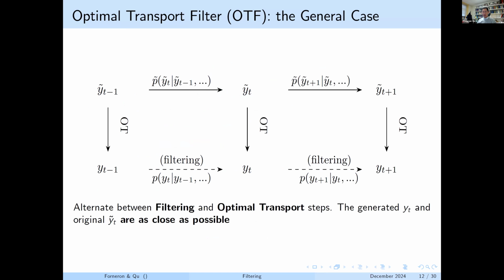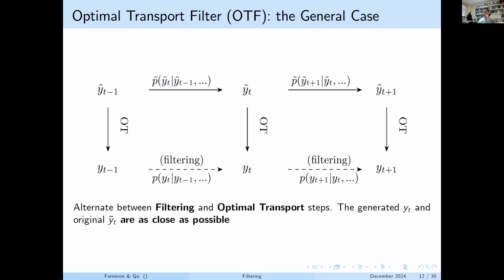So this picture is a further illustration of what goes on in this process. Here, OT stands for the transportation step. If you look at the bottom of this figure, we have updating that's based on the transported values instead of the original observations.